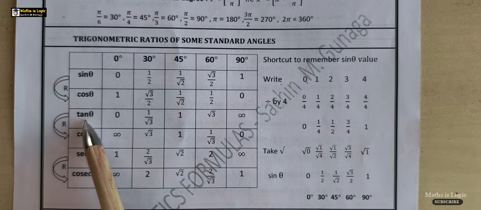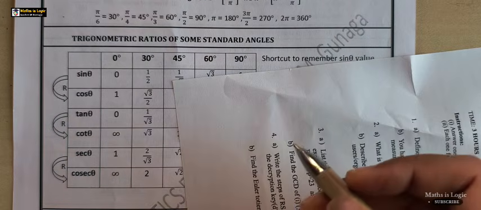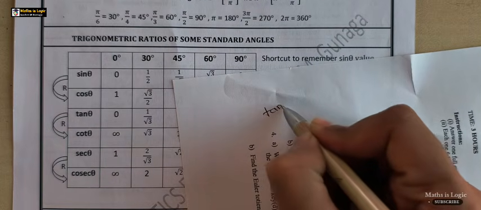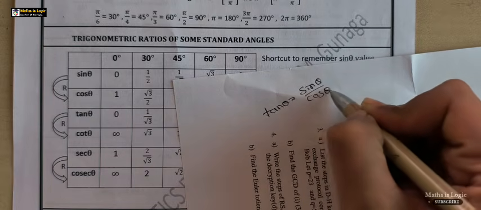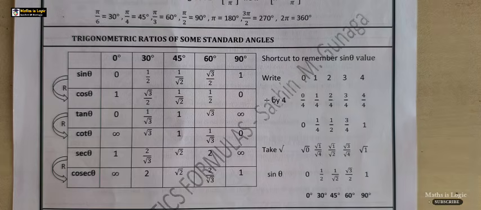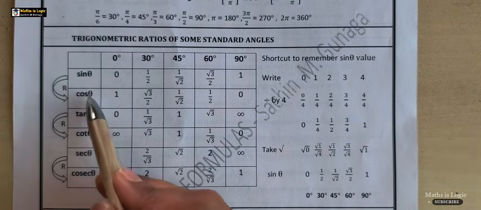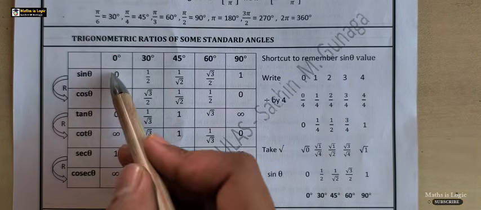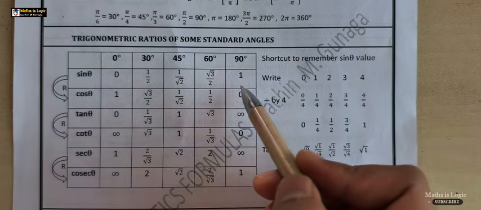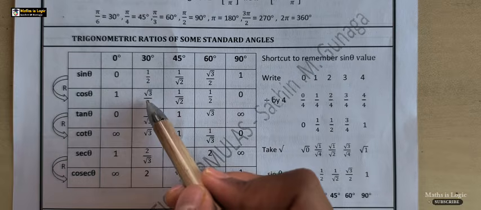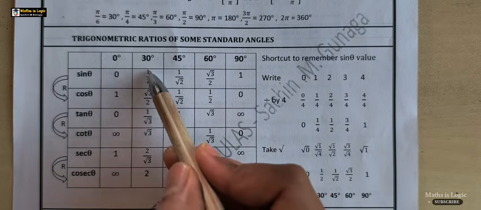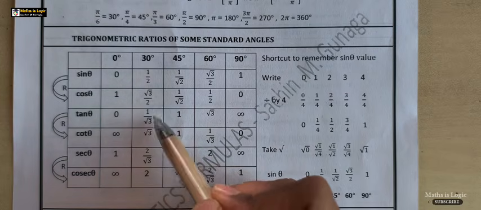Next, if you want to remember tan theta values, we know the tan theta formula is sin theta divided by cos theta. So at the top is sin theta and below is cos theta. Just keep on dividing these terms. 0 by any value is 0. If we divide these two, 2 and 2 get cancelled. What is the remaining value? 1 by root 3.